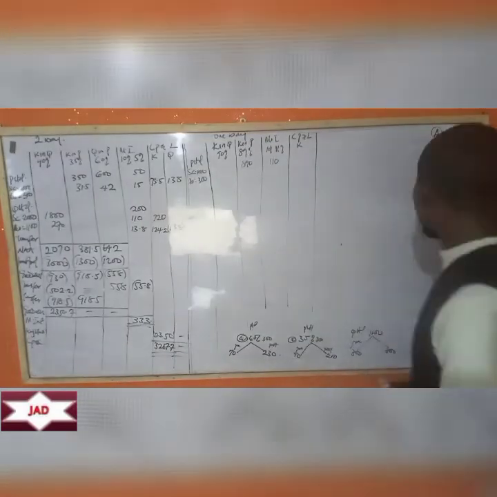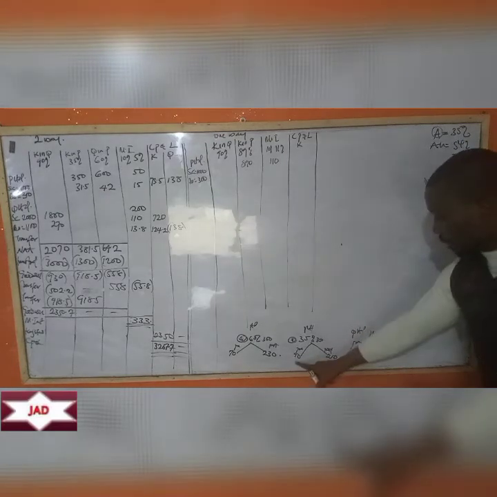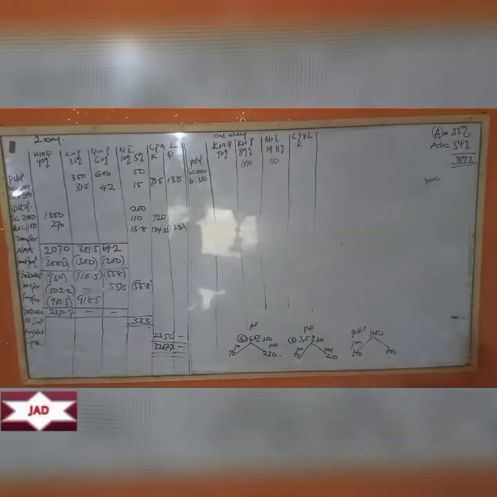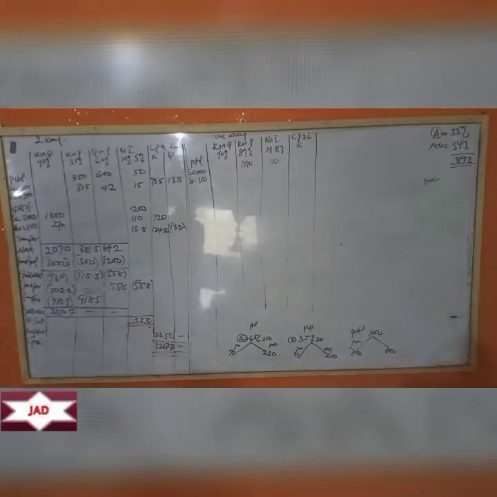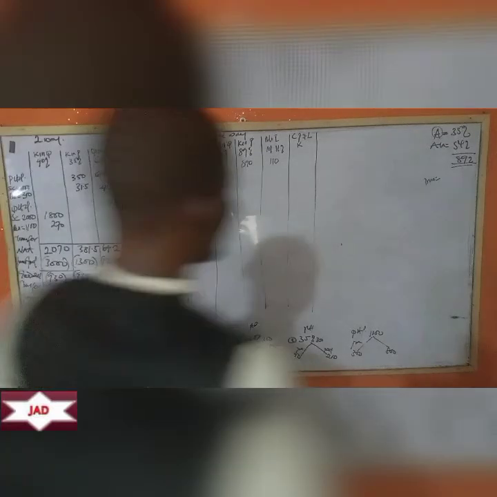So directly you're going to have 35% of 90. 0.35 times 90. That's 31.5.